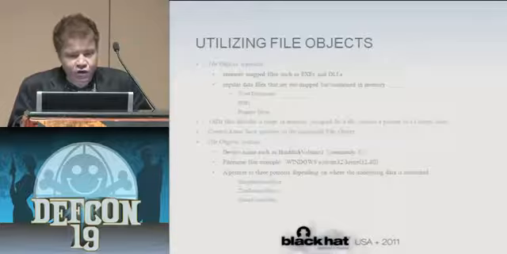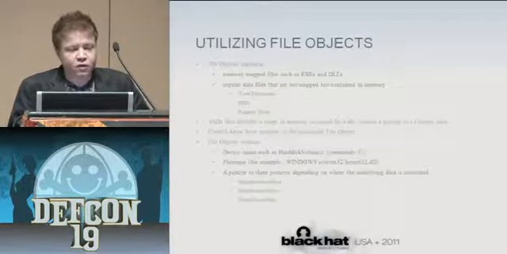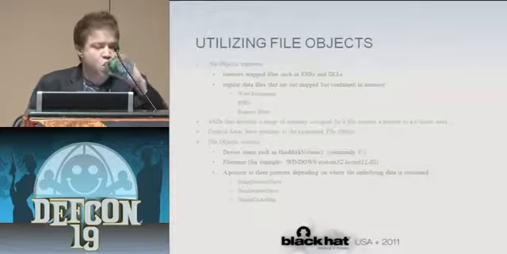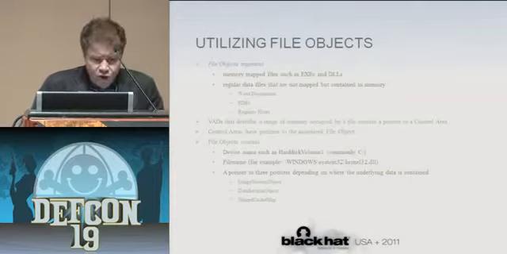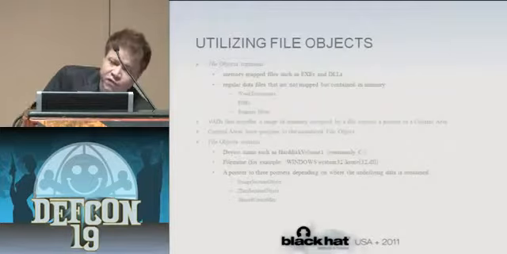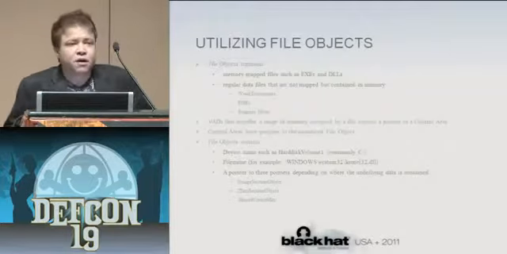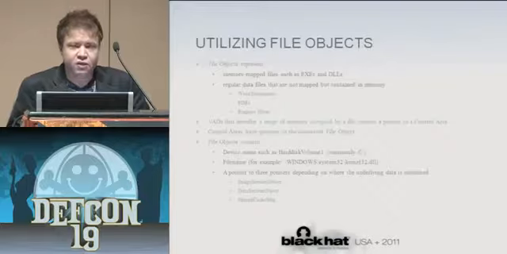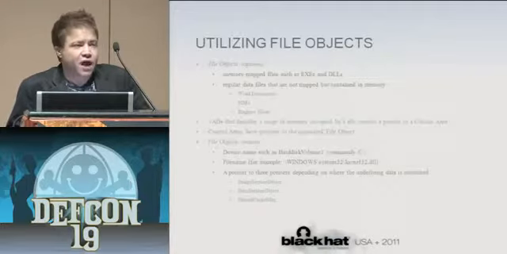So the VADs are still interesting to us, but we're going to utilize a little bit more data that they make available. VADs describe a range of memory that the file occupies. And if it's a memory mapped file, or a file object represents that region of memory, then the VAD will have what's called a control area.